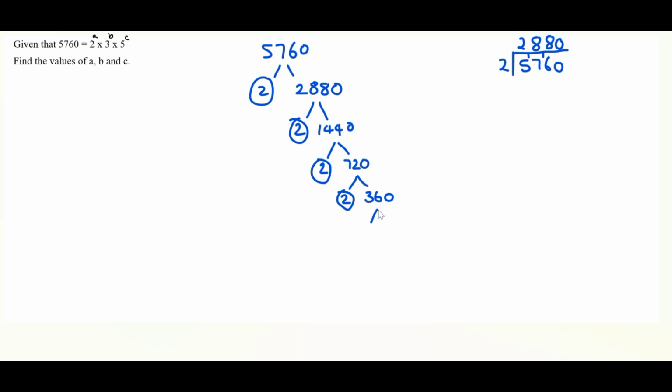So the numbers are getting smaller and smaller as we go along. 2 and 180 goes into 360. We can do 2 and 90 here. For this we can do 2 and 45.